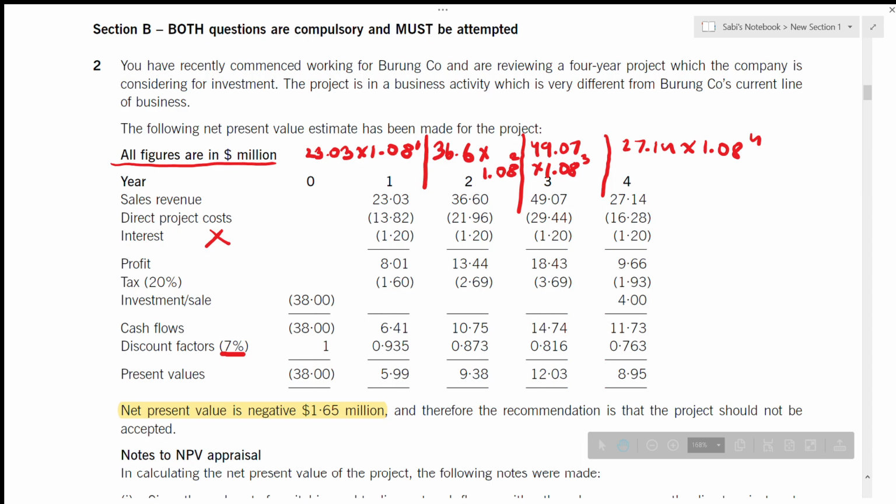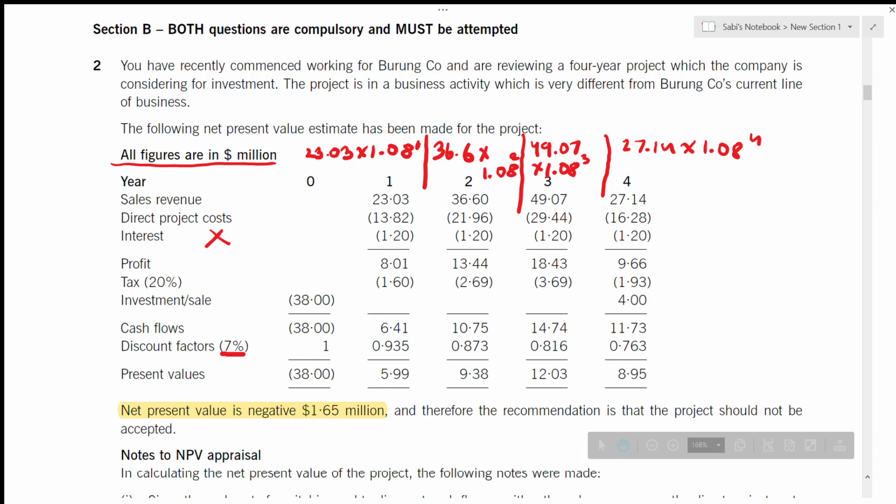Okay, let me tell you why. Because that interest rate which you are using, you are using it when you are calculating the cost of capital, the discount rate. So that is taken in the discount rate. Anyway, when you discount the project, you are taking that interest there. That's why you are not taking it here.